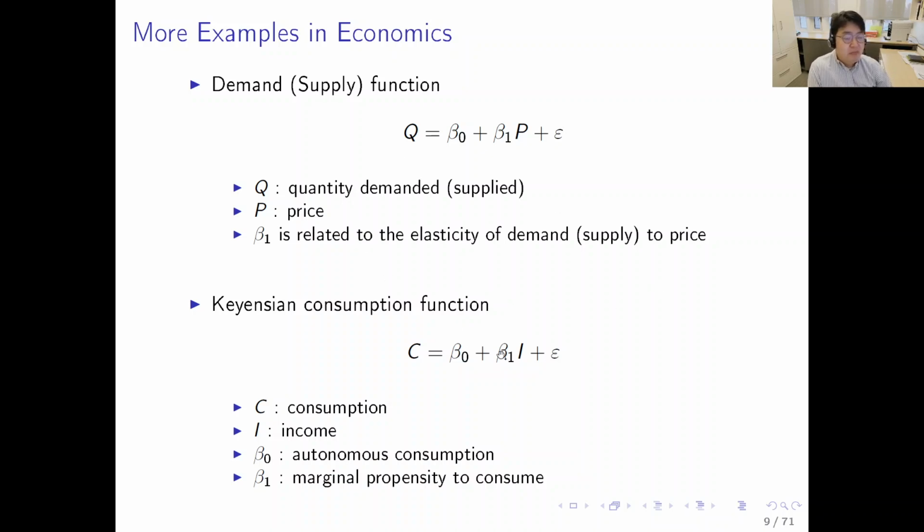So my consumption does not increase by as much as 1,000. Maybe I can consume several $100s, but not 100%. We call that ratio the marginal propensity to consume, right? When your income increases by 1, how much your consumption increases, that is the marginal propensity to consume. So in macroeconomics, beta 1 captures literally the propensity to consume.